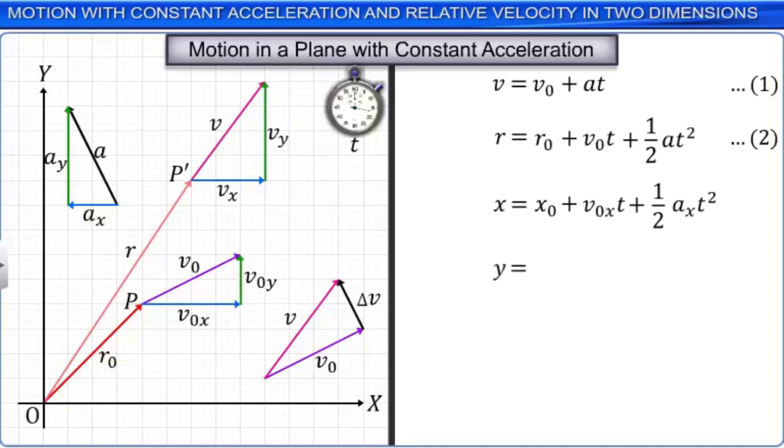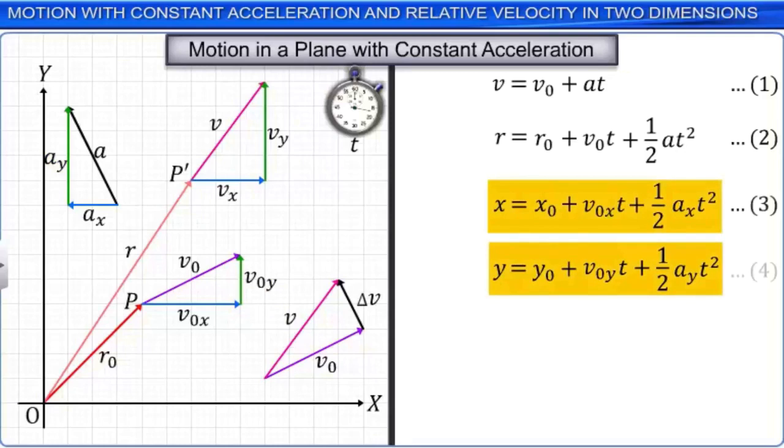T is a scalar quantity. In the y-axis, r will be y, so y is equal to y naught plus v naught y t plus half a y t square. So we have written the second equation of motion, s is equal to ut plus half a t square, in terms of the x and y coordinates for a plane. That has been taken as equations 3 and 4 here.